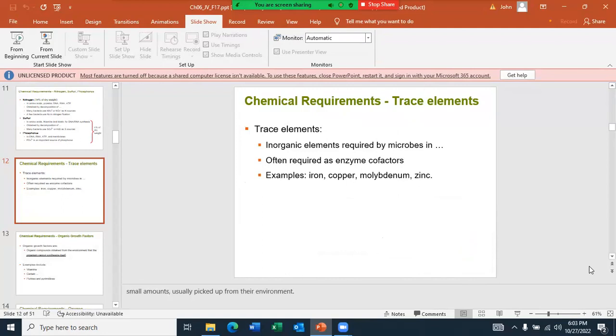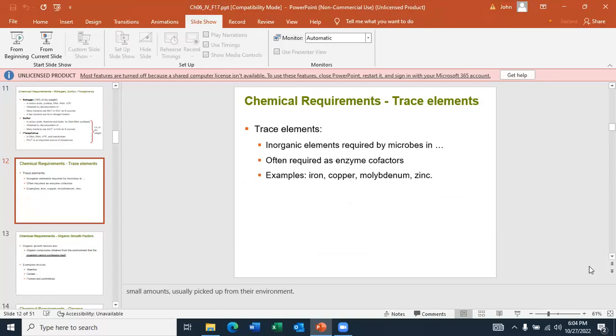Trace elements, another chemical requirement of all living cells. This is an inorganic element required by microbes in small amounts, which is why we call it trace elements. Usually trace elements are picked up from the environment, from either the food we eat or the liquids we consume, and it's similar for bacteria in the soil.